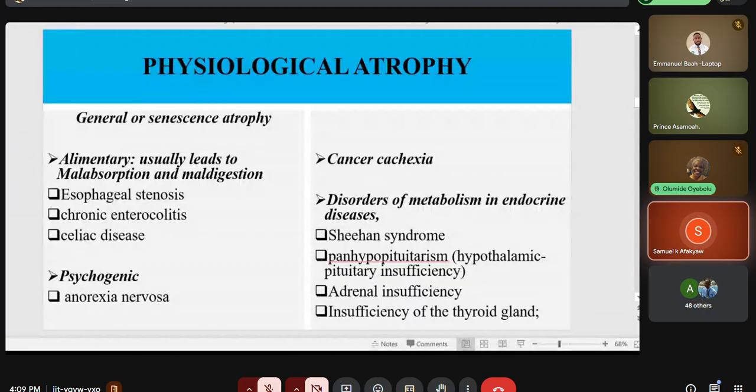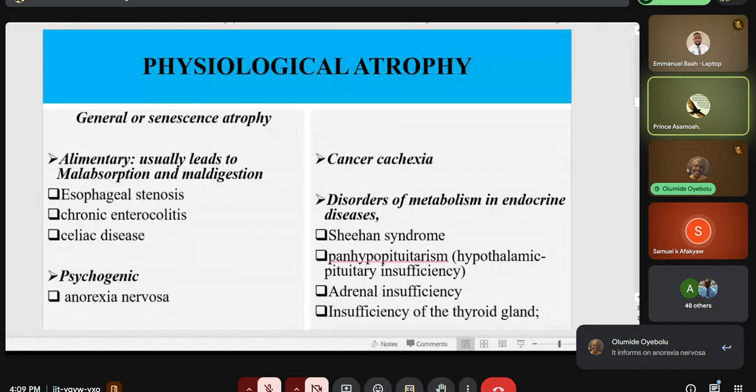This is a hallmark of dysphagia, meaning difficulty in swallowing. The common symptoms are a sensation of food sticking in the chest or throat, pain while swallowing, and regurgitation. Thank you.